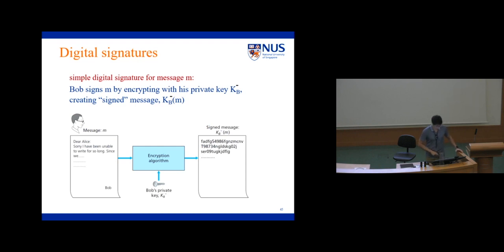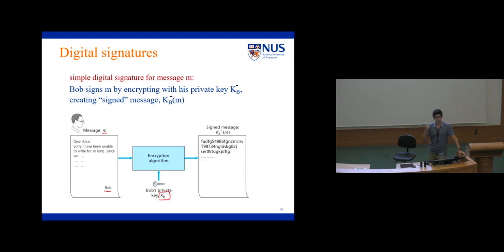So this is how that works. Let's say Bob has a message M to Alice. Dear Alice, sorry I have been unable to write for so long, blah, blah, and it claims it is coming from Bob. So now Bob runs this message through an encryption algorithm, such as RSA, but this time using his private key.